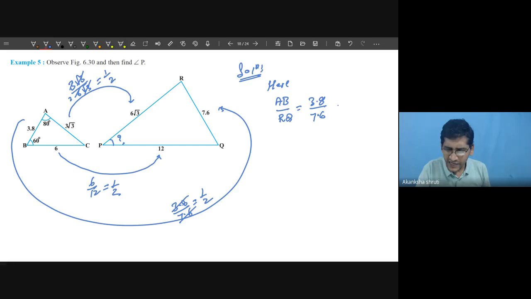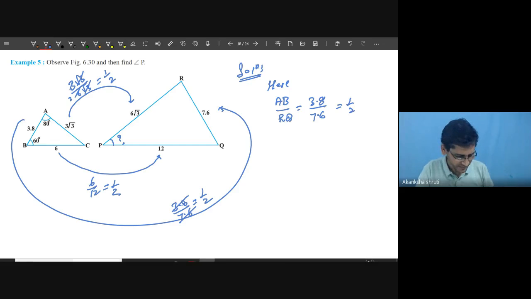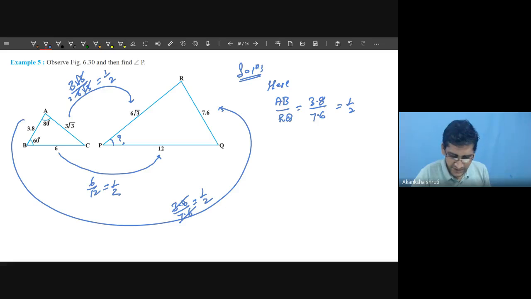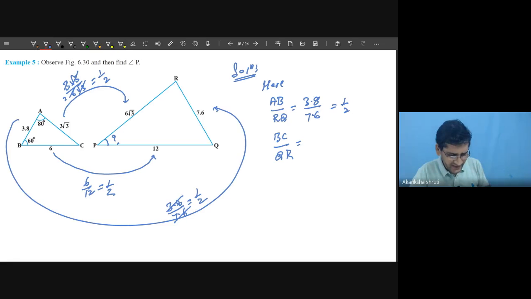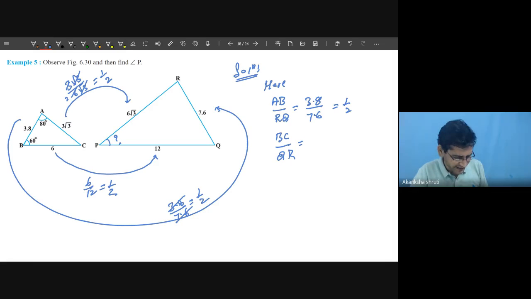So the calculation now you have to write 1 by 2. The same other, BC by QR, or you can write here as PQ also, that doesn't affect. 6 by 12, also 1 by 2. And the other one is our AC by, the other one is the remaining side. A student, we have already covered RQ. So do not think AC corresponding to RQ.